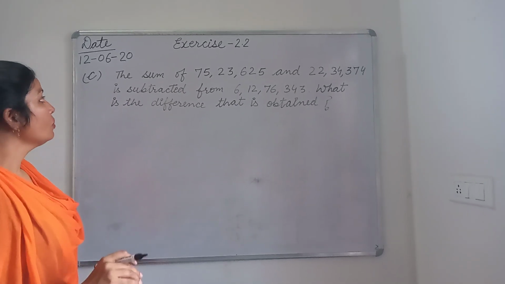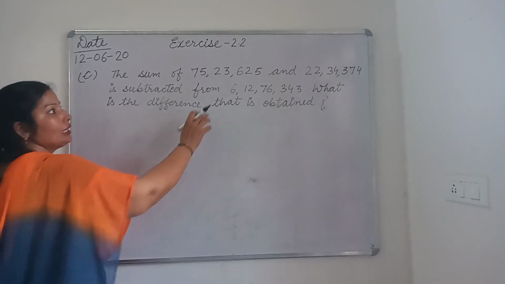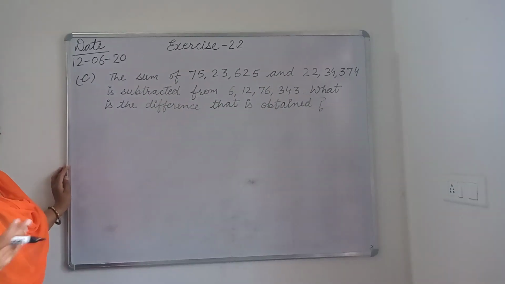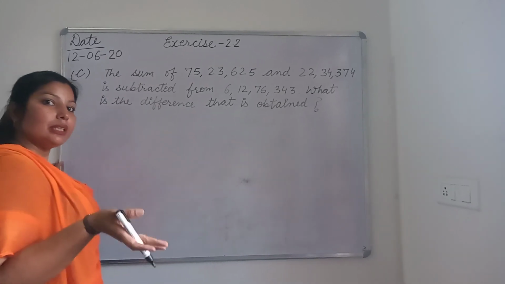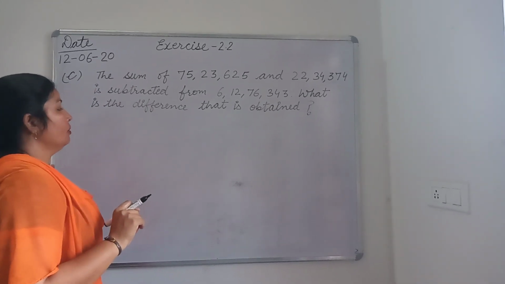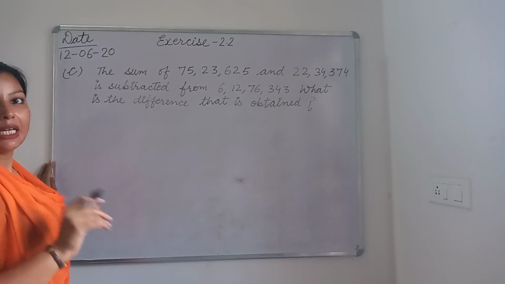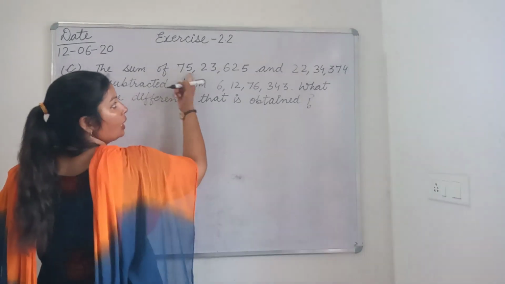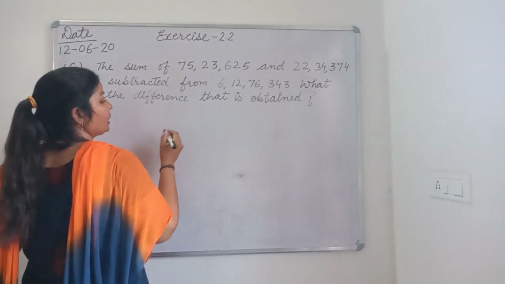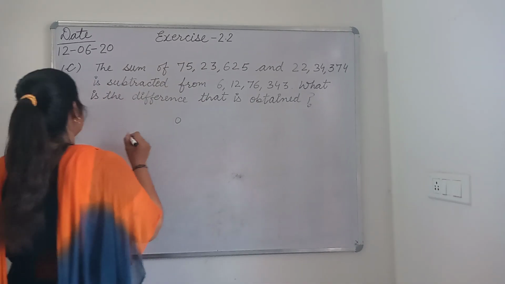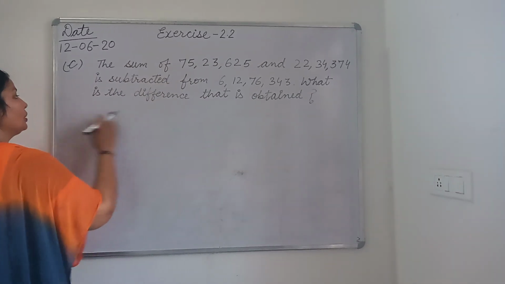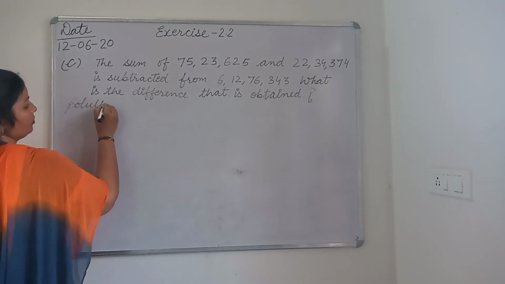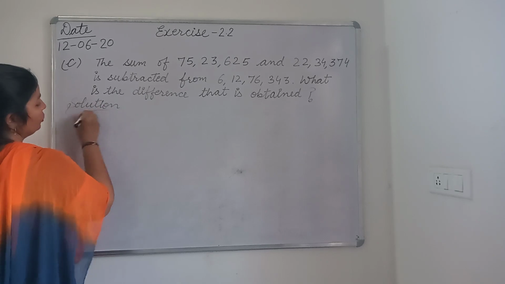Okay. So first of all what we do, we should add these both number, because we require sum first. When we get the sum, then we can do subtraction. Okay. So for sum we will do addition. So first of all we write the columns. Here is how many? 7-digit number. So we should write here 7 columns. First of all we write here solution. Now solution start.